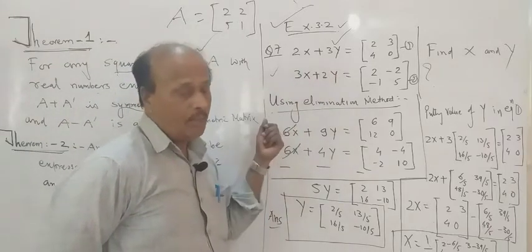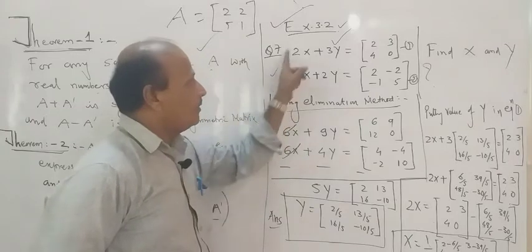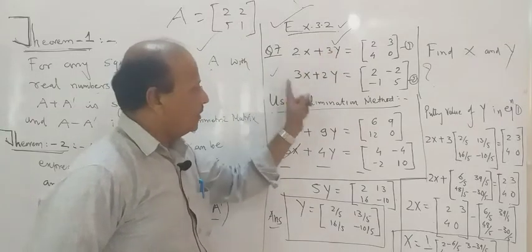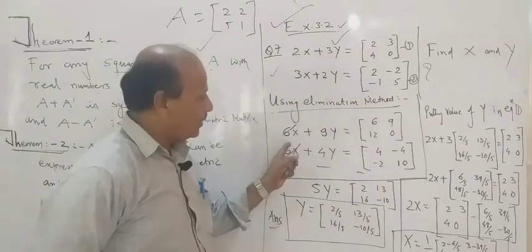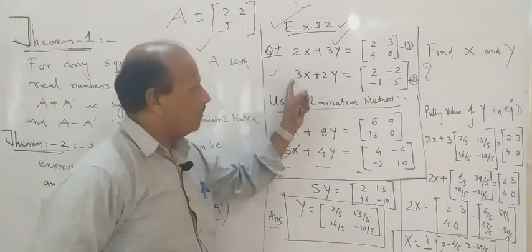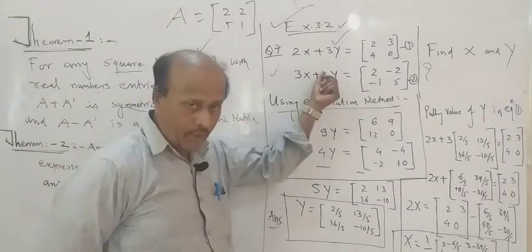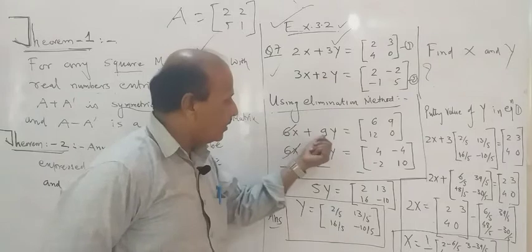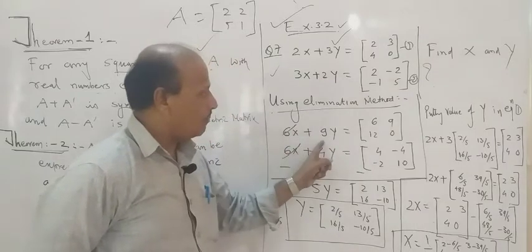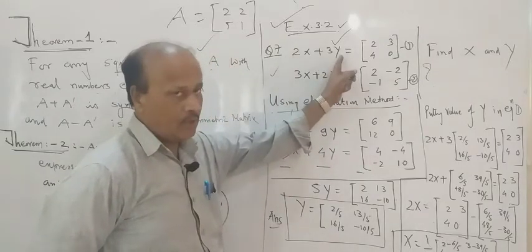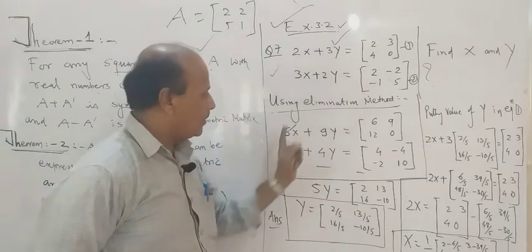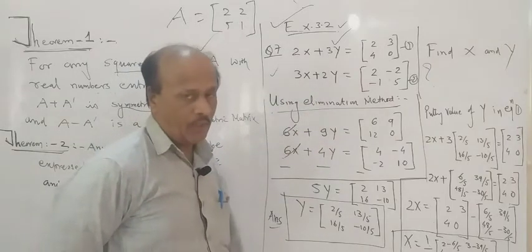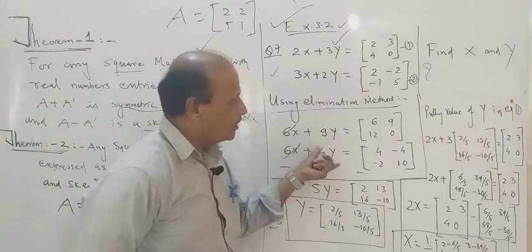By multiplying 3 with the first matrix and 2 with the second matrix. Interchanging or cross-multiplying the coefficients of X, immediately you will get the new situation, 6X plus 9Y. I am multiplying with 3 and multiply this with 2. So 6X plus 4Y.